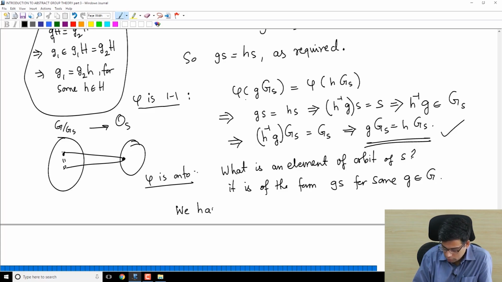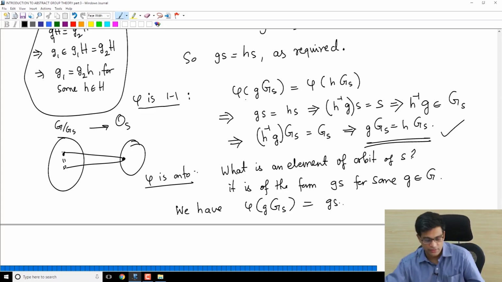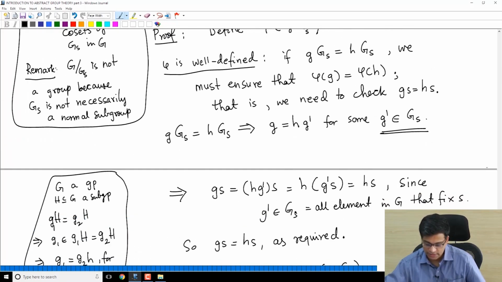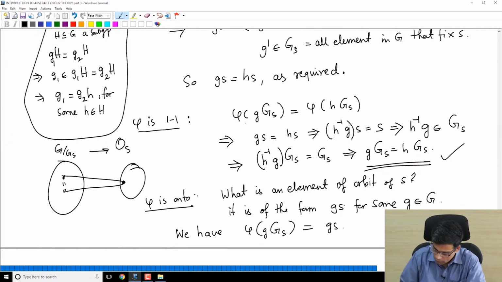Then we have phi of gGS is equal to gS. So ontoness is very clear here, because the elements of the orbit of S are by definition of the form gS. For the same g, gGS maps to gS. So phi is onto, and this completes the proof that phi is a bijective map, right?